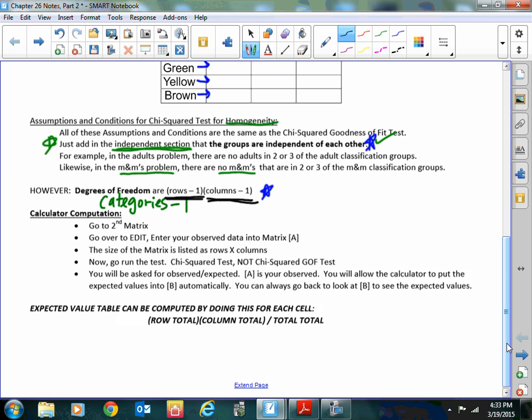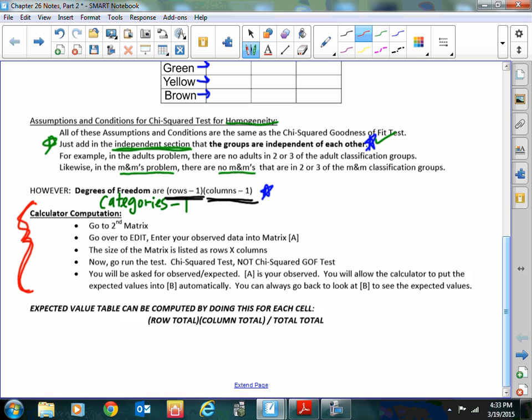All right, for future reference, shortly when we do calculator computation, you can practice it with me, and you don't have to frantically mark it down because I have put the steps here for you. Make sure you have your calculator.